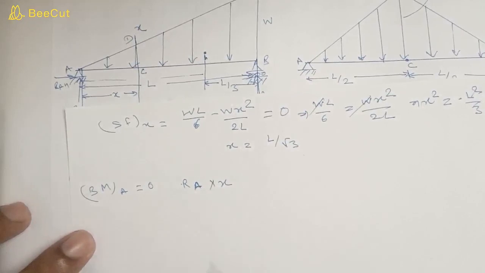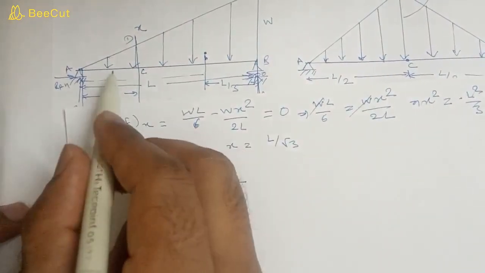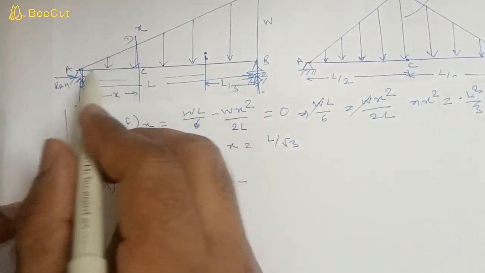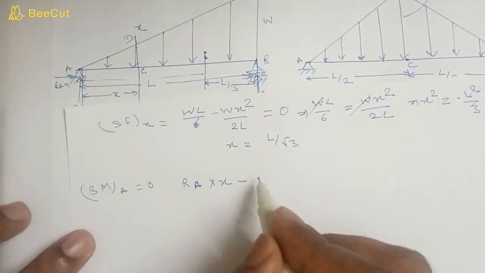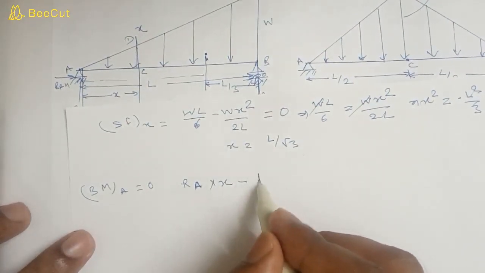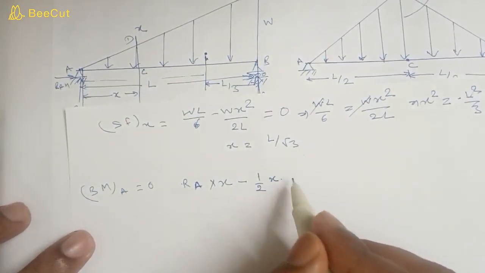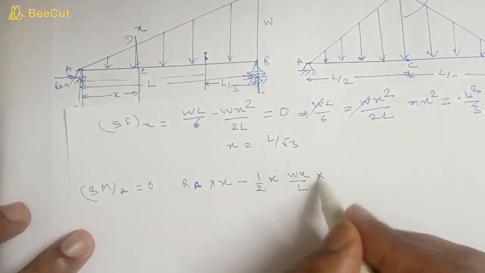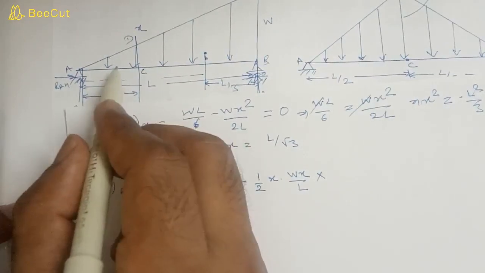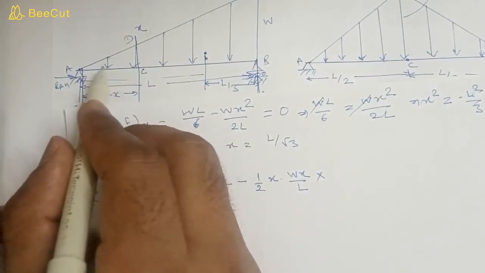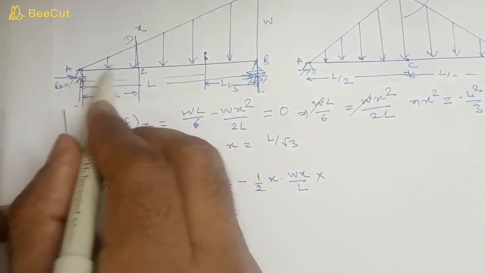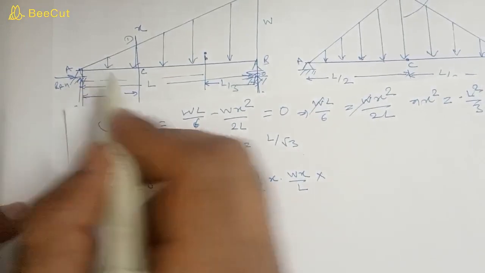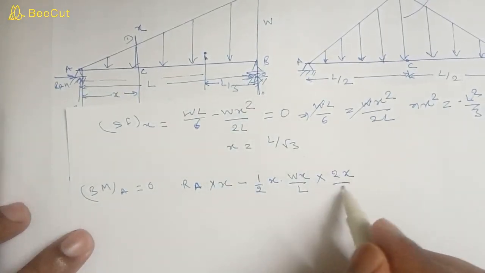So Ra into x minus the bending moment due to this area of load. This load is half into base x into height Wx by L. This is load, and for moment we will multiply it by 2x by 3.